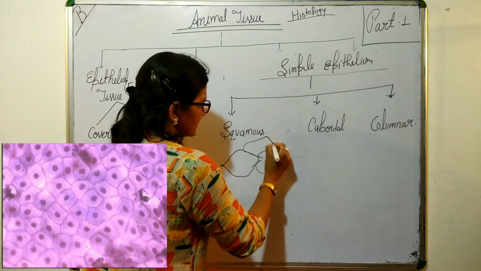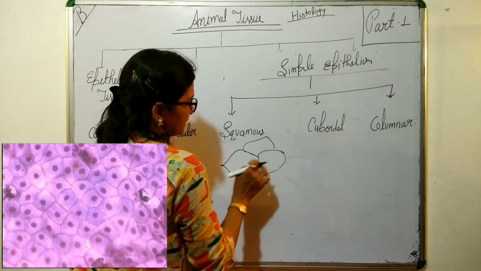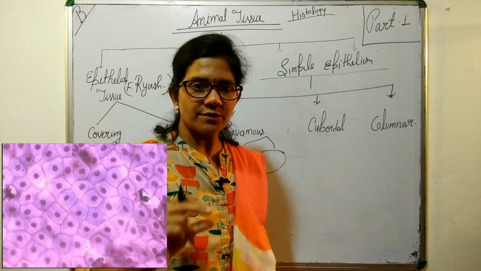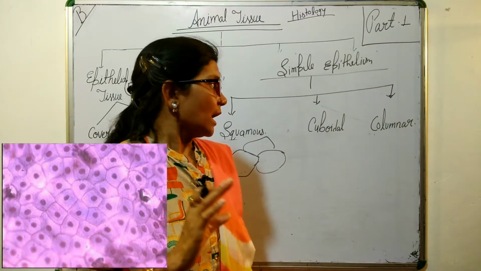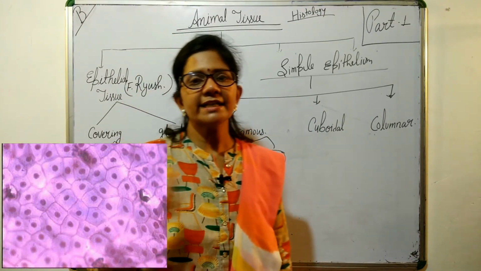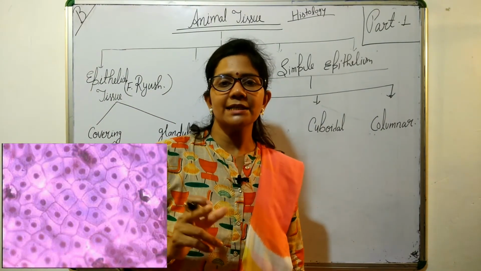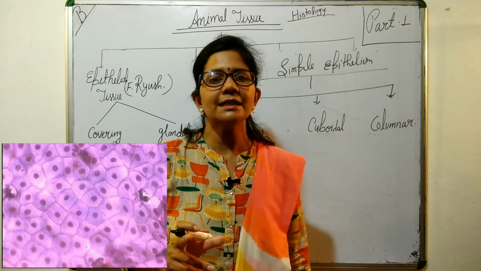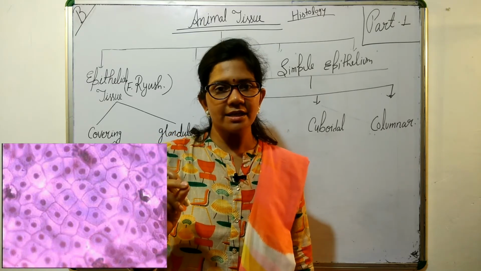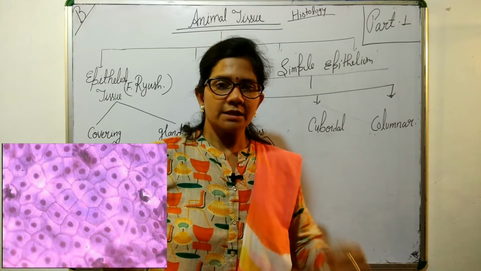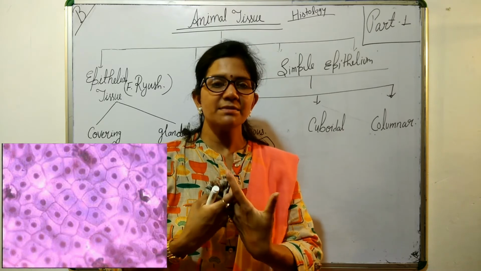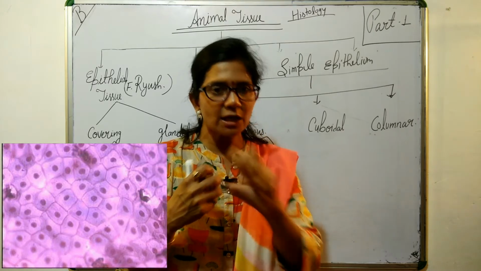As these cells don't have much thickness, one more thing I forgot to tell about the epithelial tissue: in the epithelial tissue the intercellular space is very little. Their matrix is very little, meaning they are very close to each other.